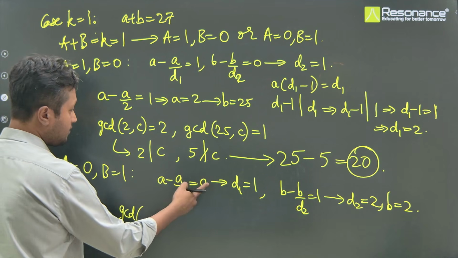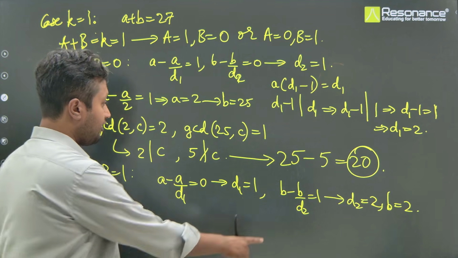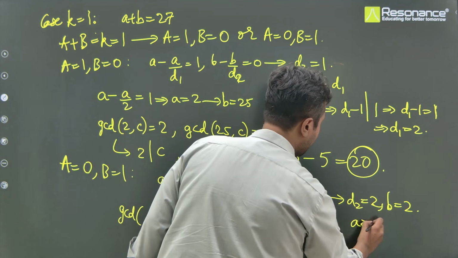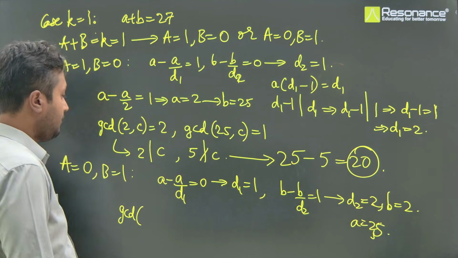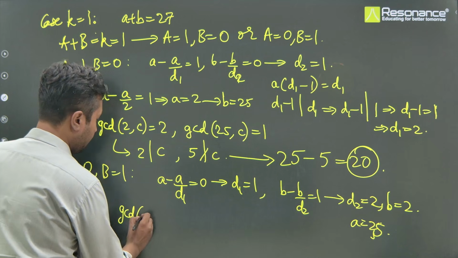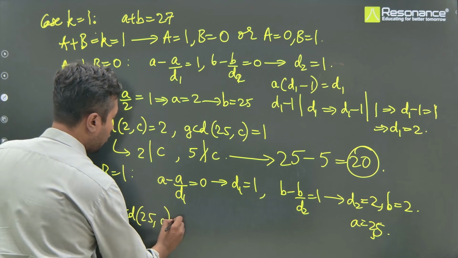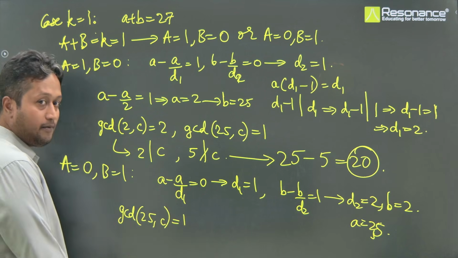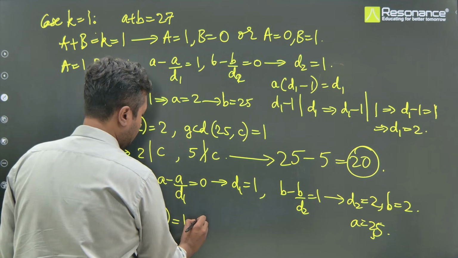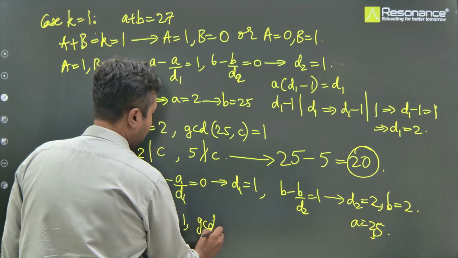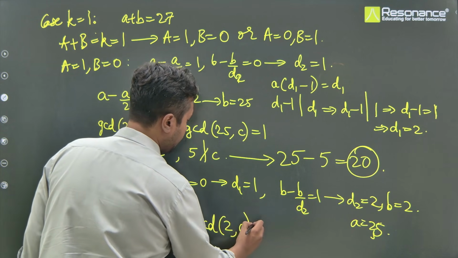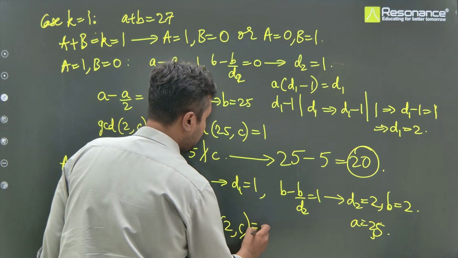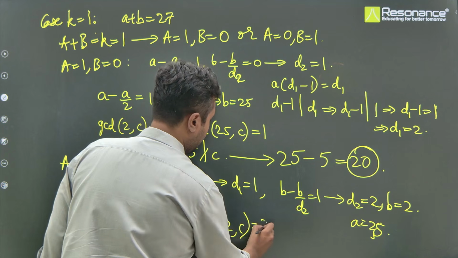Now A can be, if B is 2, then A has to be 25. That's because A plus B is 27. So 25 must be co-prime to C. And then B and C, well, B is 2 and C is C. That thing must be 2, right?